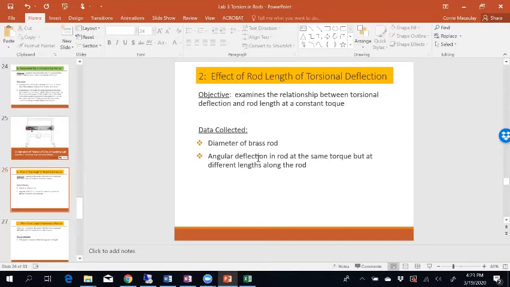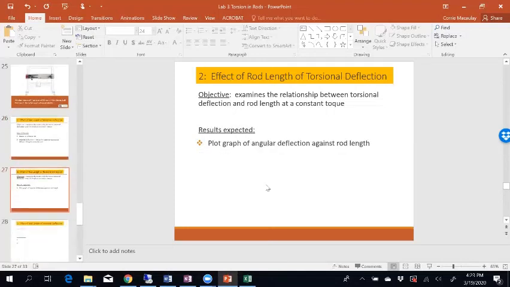That's part of the experiment: we need to read that angle of twist every time we put a torque on the rod. But we're going to do that at different lengths, right? So for each length, 500 millimeters, 400 millimeters, 300 millimeters, 200, you're going to have a certain angle of deflection.